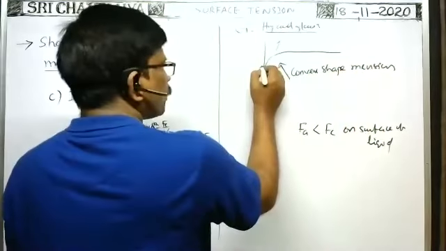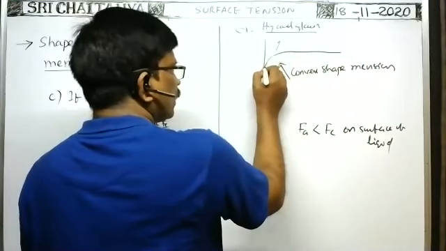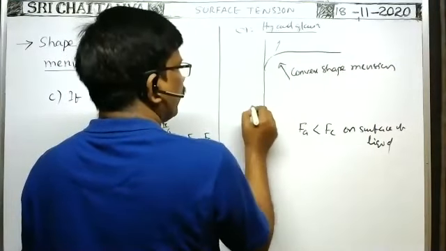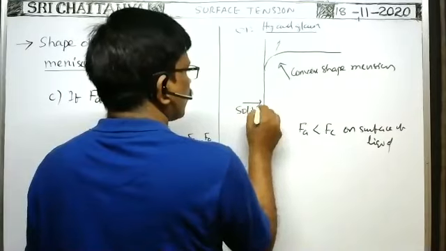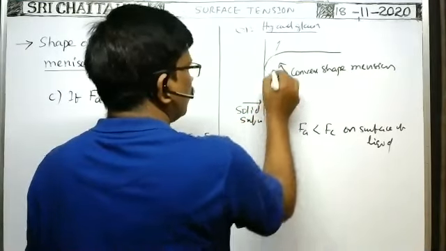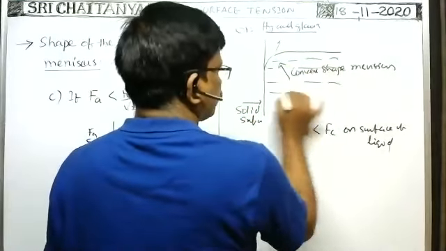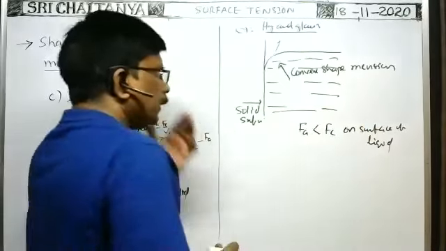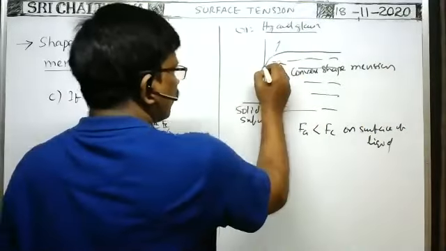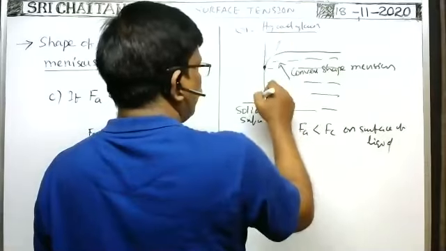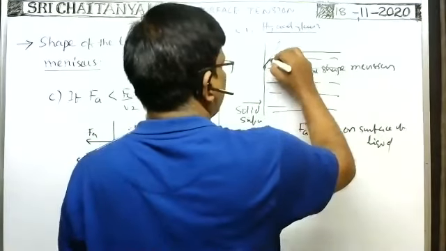Okay. At this point of contact of this liquid surface with the solid, this is the solid surface. Okay, the whole thing is mercury. So you draw the tangent at the point of contact of the liquid surface with the solid, then you will get the tangent like this.